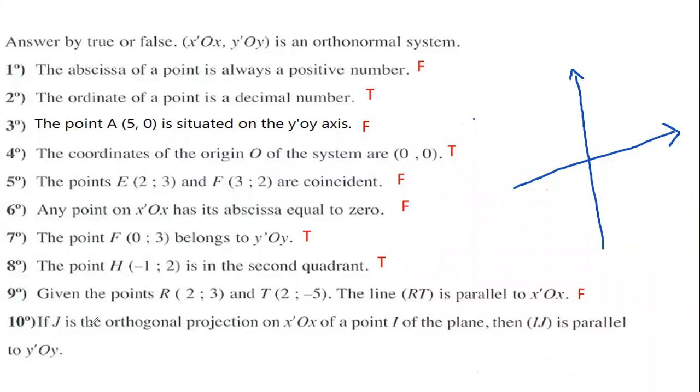If I have here, for example, I located a point, and this point was named I, okay? J is the orthogonal projection on x prime or x of point I. From point I want to draw an orthogonal projection to x prime or x.